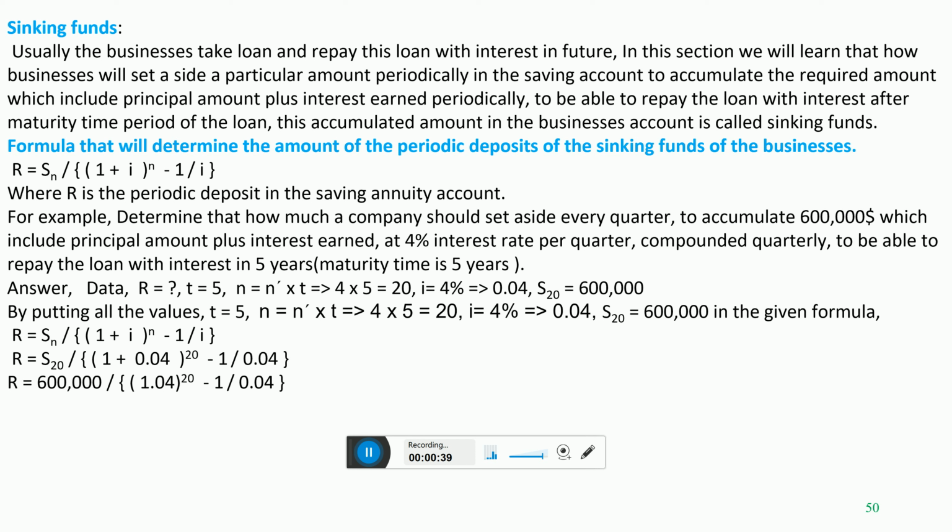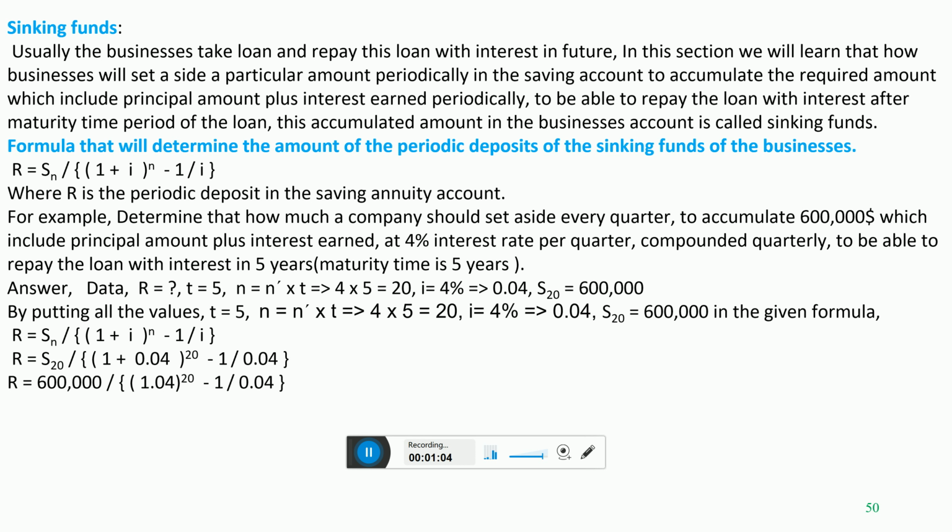The company accumulates this amount for the future by depositing some amount periodically into the saving account, which earns interest as well, and the company will accumulate the required amount, which includes the principal amount plus interest earned, to repay the loan to the lender, to repay the loan to the bank.